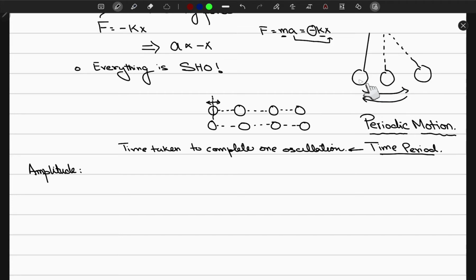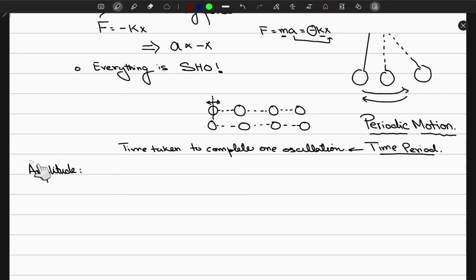Now the maximum distance that it can come from its mean position to its extreme position is known as the amplitude of this oscillation, right?